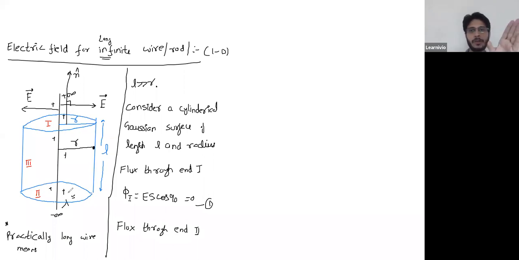It should be perpendicular as well as out of the cylinder. So on this surface, it should be downwards. It's not just normal, it's normal as well as outwards, away from the surface. The flux will again be 0 because your field is along the x-axis. The angle between electric field and area vector is 90 degrees, so phi 2 is ES cos 90. It's again 0.